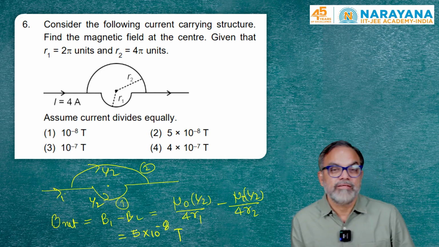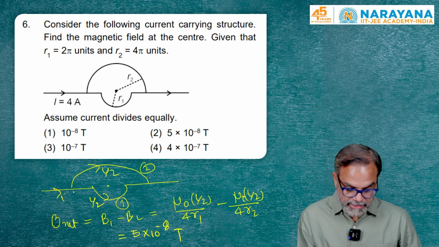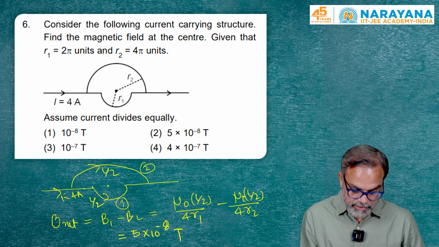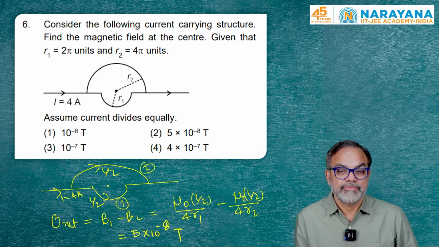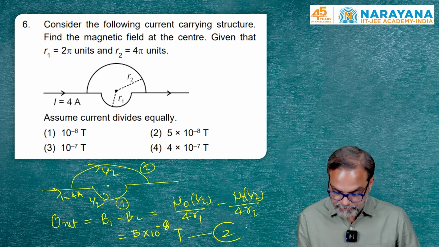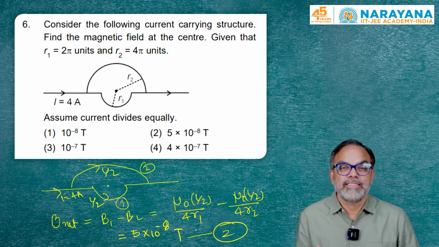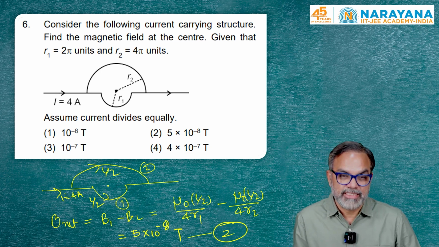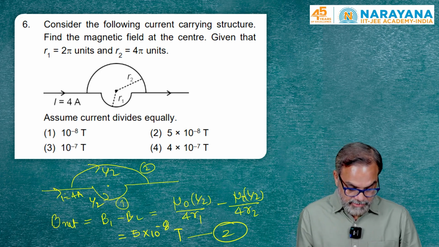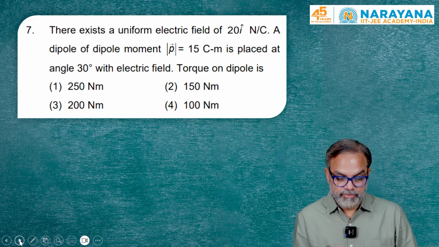When we put the value of R1 and R2, and I is 4 ampere, which is given, we get this second option. Correct. Again, this is just a moderate type of question. Take care that the magnetic field due to the straight part will be 0.